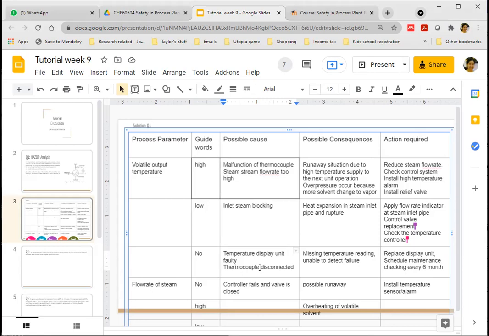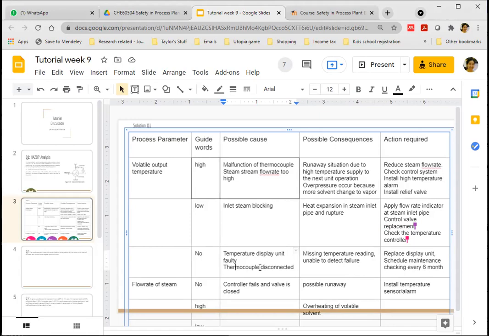In that case, the consequence is you won't be able to know what the actual temperature is, whether it's too high or too low, and this is actually very dangerous. So the immediate action is to replace the display unit, whichever is faulty, be it the thermocouple or the temperature display unit.